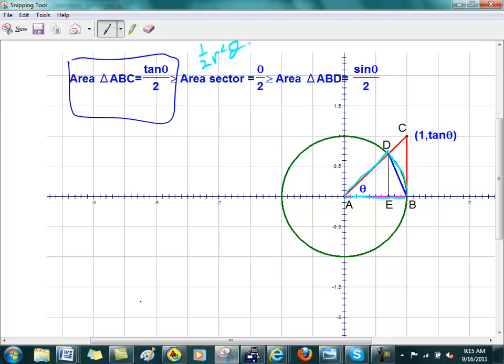And if r is equal to 1, then the area is straight out theta over 2. So everybody okay on that? Right? R is equal to 1, because it's a unit circle. Radius is 1. So 1/2 r squared theta means 1/2 times 1 times theta, which is theta over 2. Right? 1/2 theta is the same thing as theta over 2. Okay? So we got that.